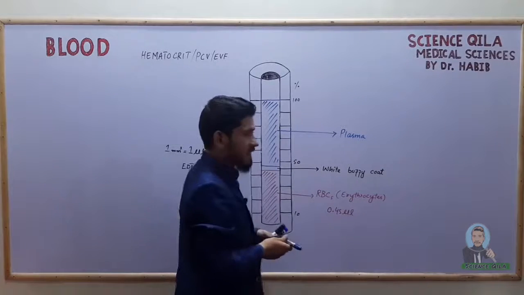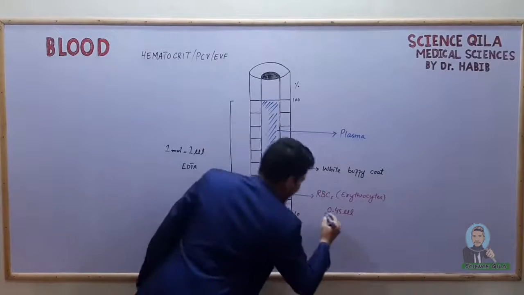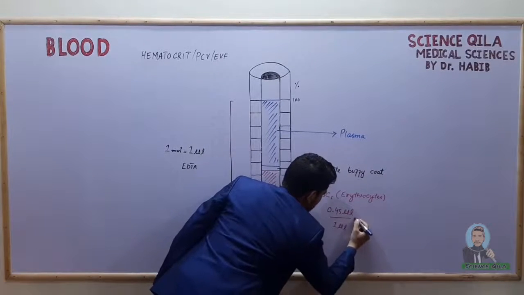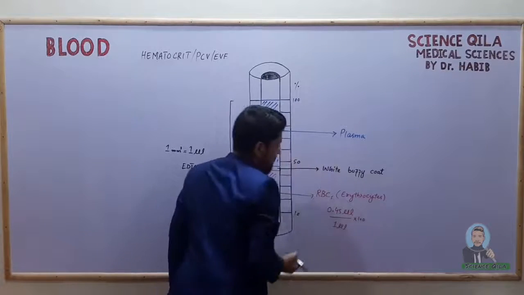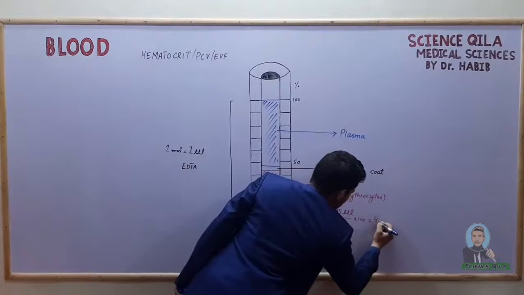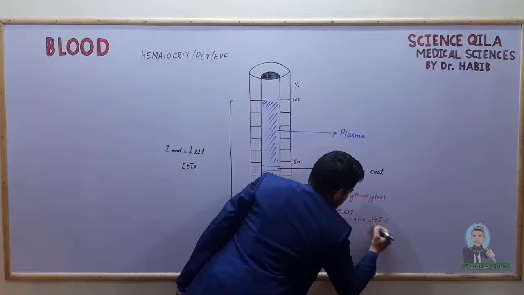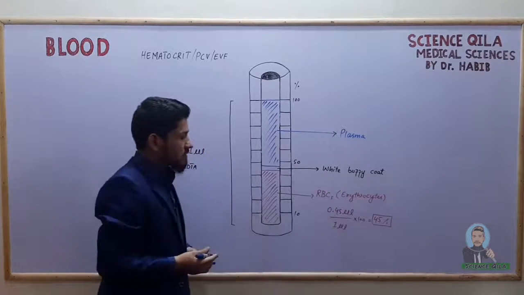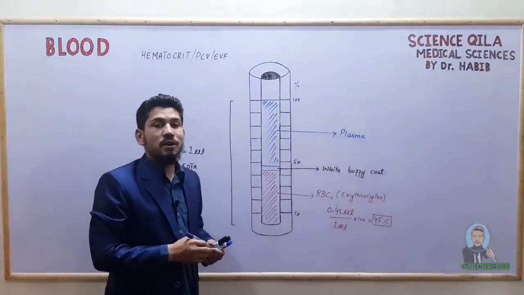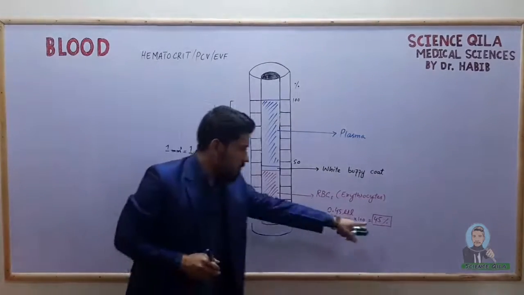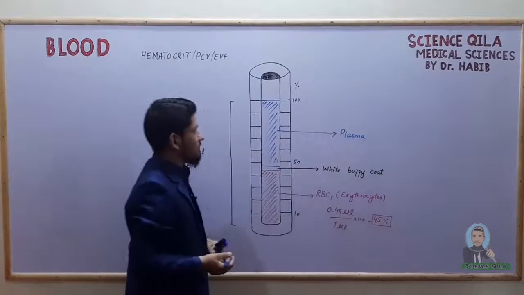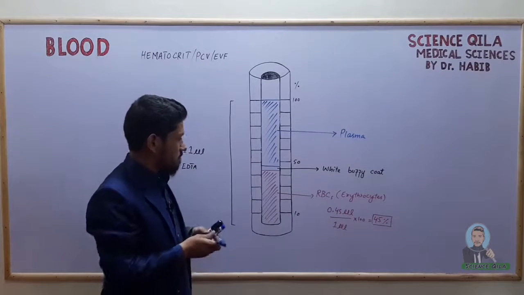So in order to find the percentage, we will divide it by the total, that is 1 microliter, and we will multiply that by 100. So its percentage will be 45%. So this is what we say, that blood is composed of 45% red blood cells. So this 45% is actually the hematocrit value, which we also name packed cell volume.